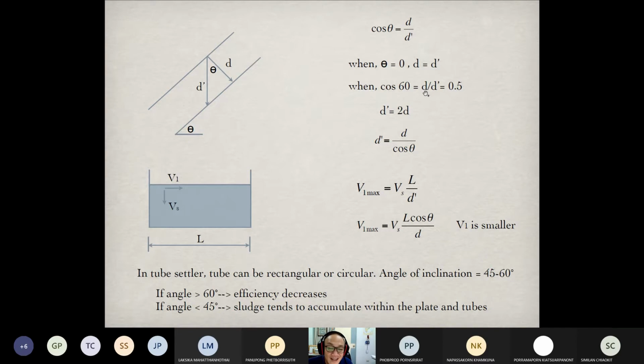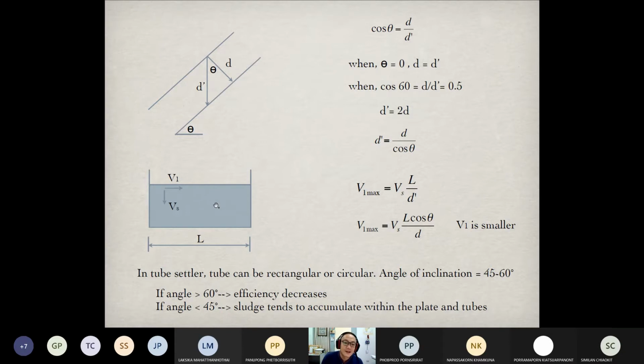That is why d is only half of d dash, or d dash is equal to twice the space in between these two plates or two tube walls. Alternatively, we can rearrange this equation so that we can determine the vertical distance. The vertical distance d dash is d divided by cos theta.